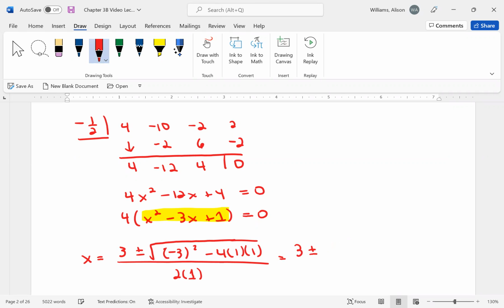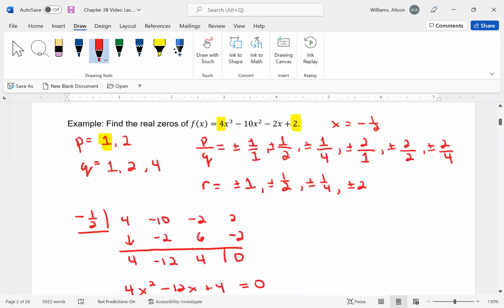I don't need a big giant square root for that. Over 2. Boom, there we go. So there's the other two zeros. x equals 3 plus radical 5 over 2, and x equals 3 minus radical 5 over 2. Plus or minus radical 5 over 2.